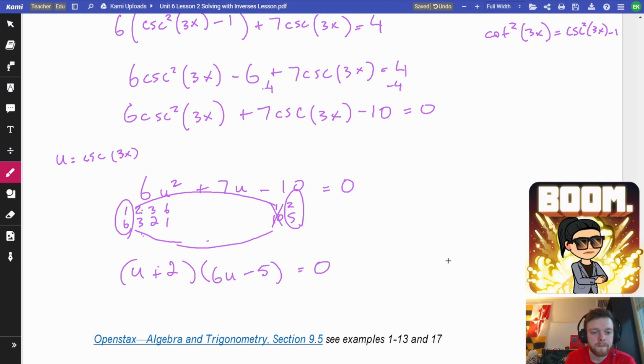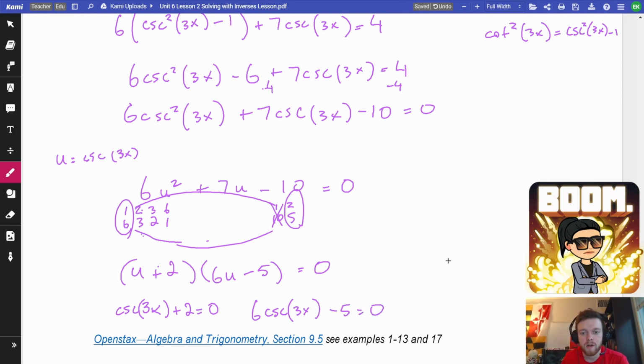Ooh, this is not that pretty. Cosecant 3x. Remember, we're replacing the u with cosecant again. Cosecant 3x plus 2 is equal to 0. And 6 cosecant 3x, I'm sorry guys, 6 cosecant 3x minus 5 is equal to 0.